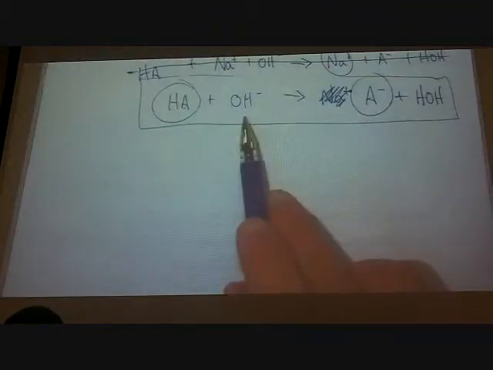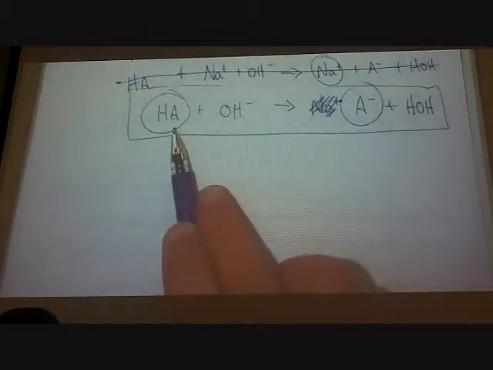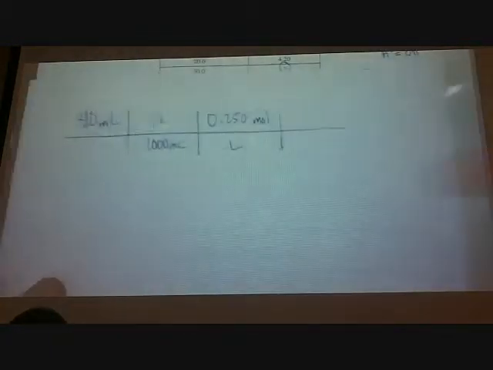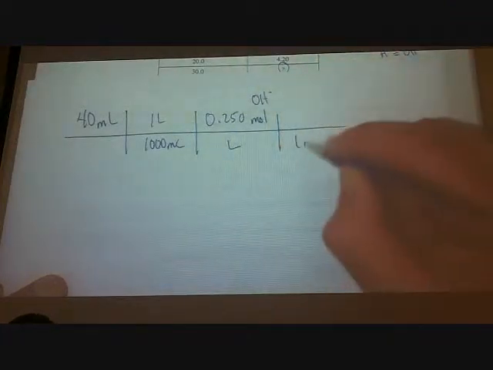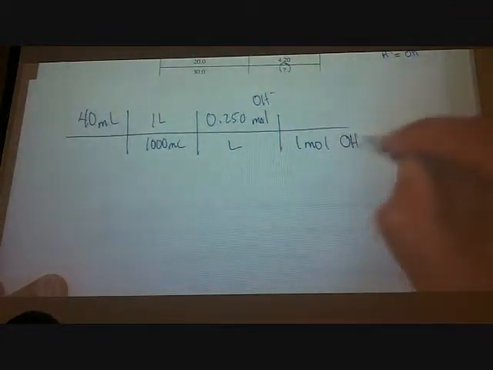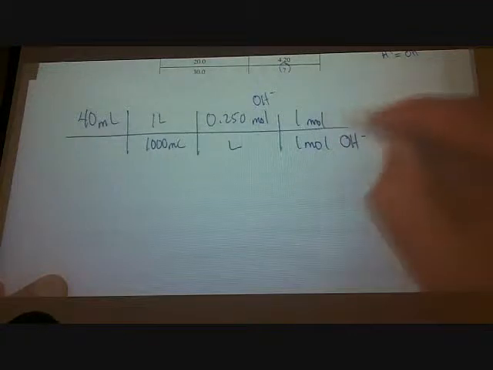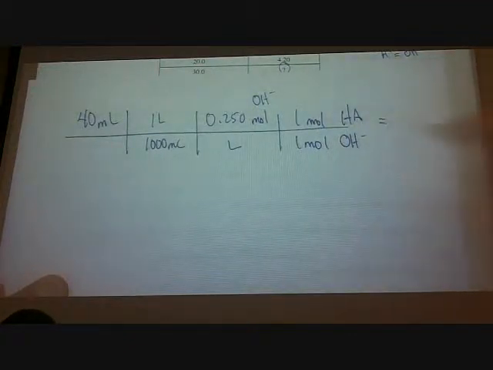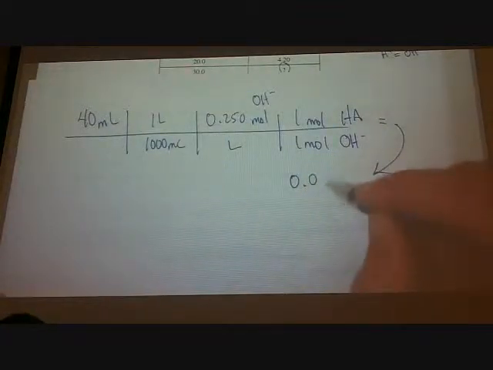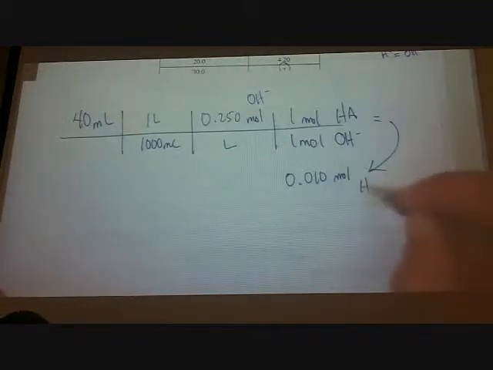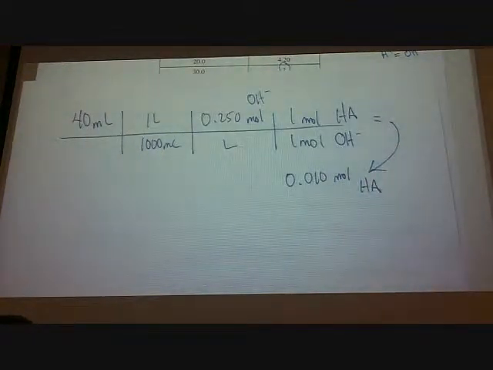How much OH did we use with the HA? 1 to 1. Okay, so 1 mole of OH for 1 mole of HA. Or whatever that equals. It's like 0.01. And do remember, you'll have a calculator for this. Okay. So at the equivalence point.